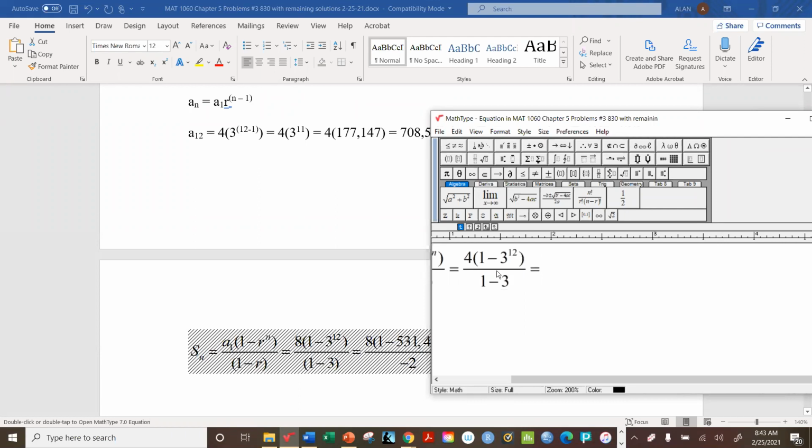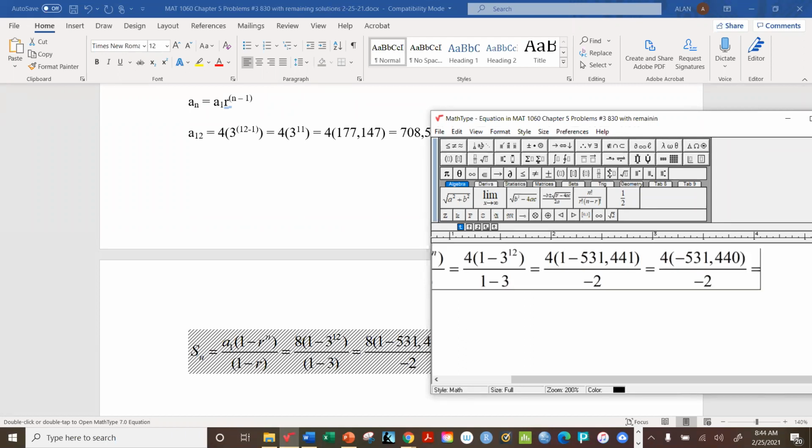So we're going to have 4, 1 minus, so 3 to the 12th is 531,441 minus 2. So we actually have the ratio of minus 531,440 all over minus 2.